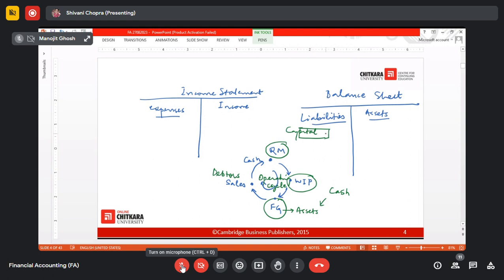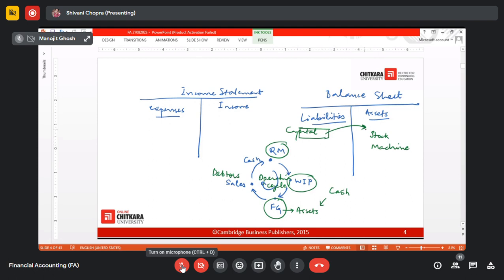Okay, this capital is spent to acquire assets. Assets can be stock, it can be a machine, it can be anything that helps keep the operating cycle running. So this is a process of converting your capital, which is your liability, into an asset.